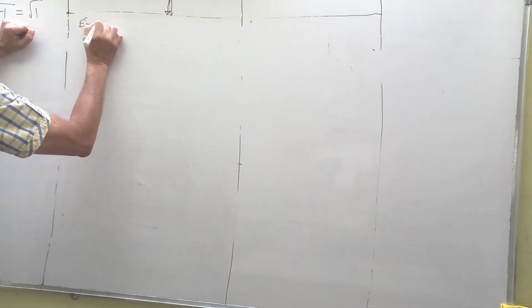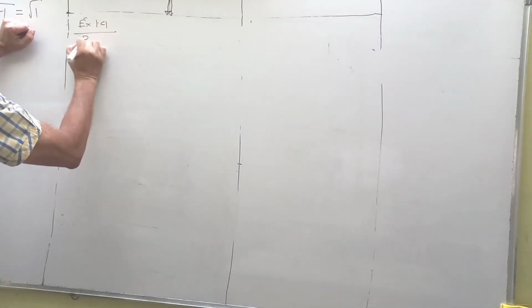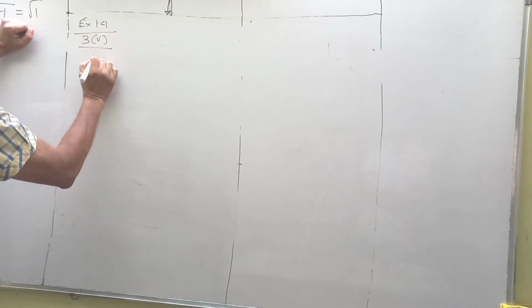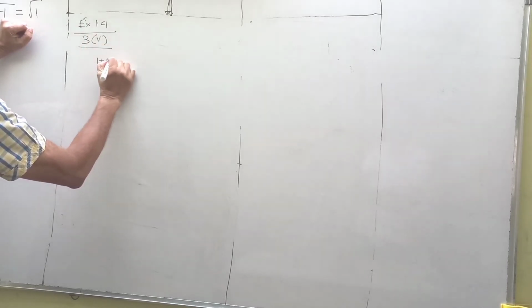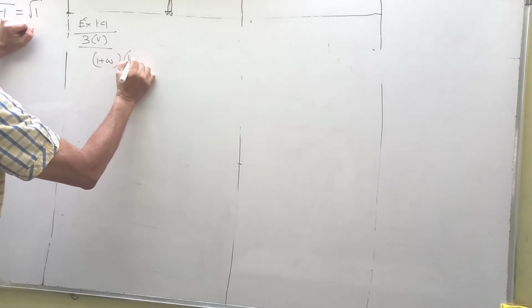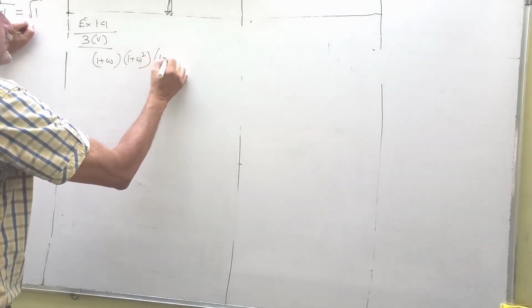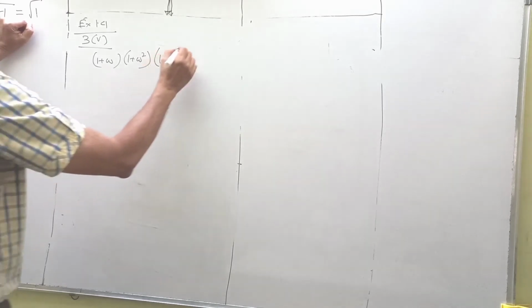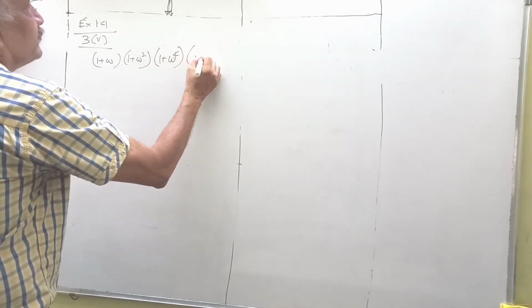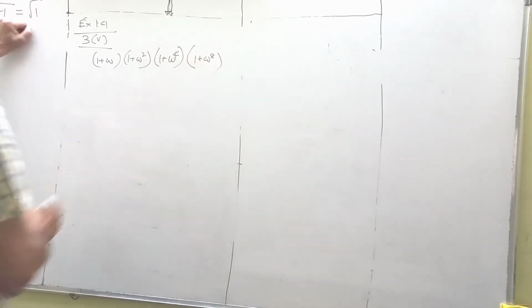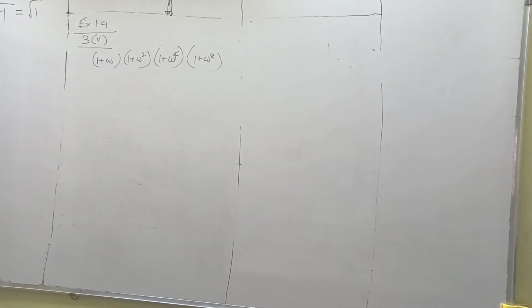Exercise 1.4, problem number 35: (1 + ω)(1 + ω²)(1 + ω⁴)(1 + ω⁸). Find the value, that means we have to do simplification.